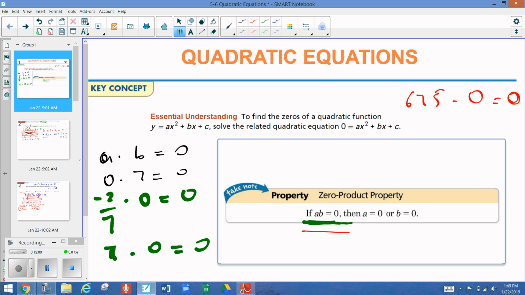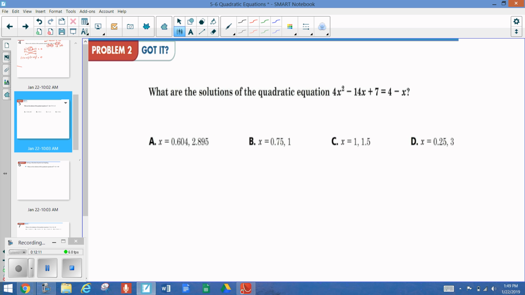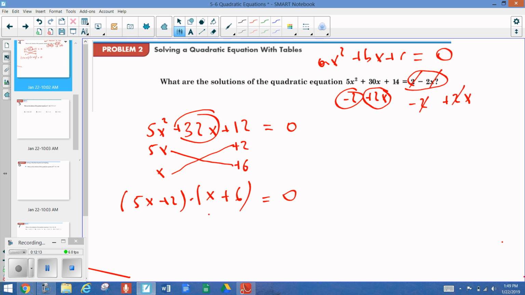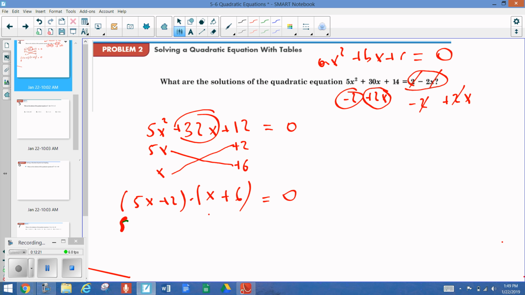You're multiplying two numbers, and if you're getting 0 at the end, that means either one is supposed to be equal 0. So you're going to make them equal 0. 5x plus 2 is equal to 0, and or x plus 6 is equal to 0.